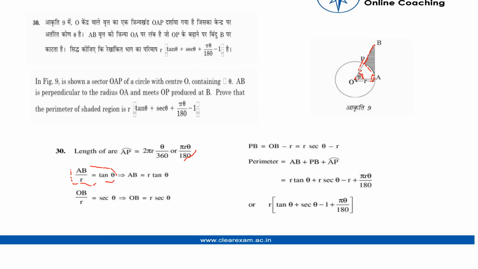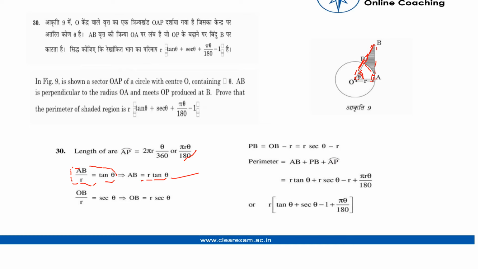So we have got the value of AB, which is r tan theta. We also have to find OB. So OB upon r, that means hypotenuse upon base, is equal to sec theta.